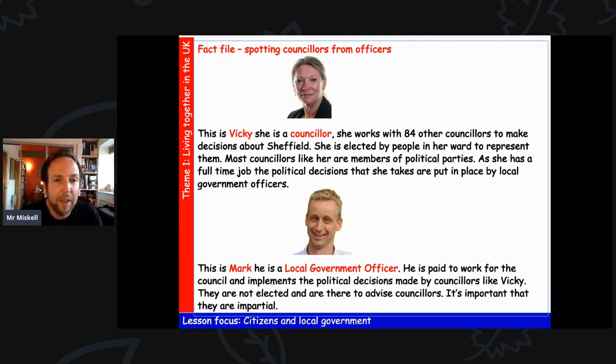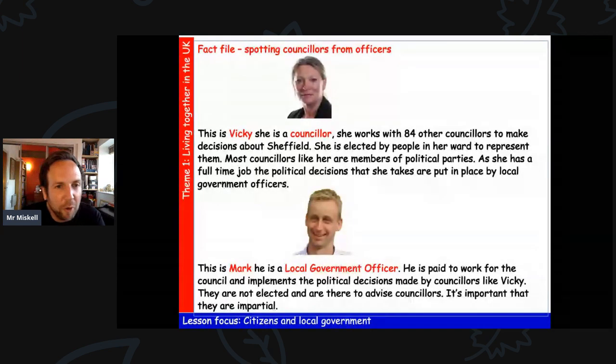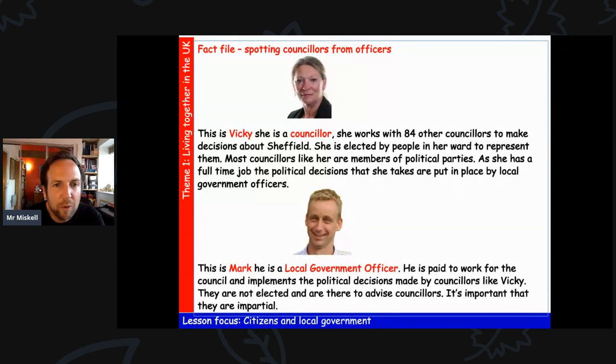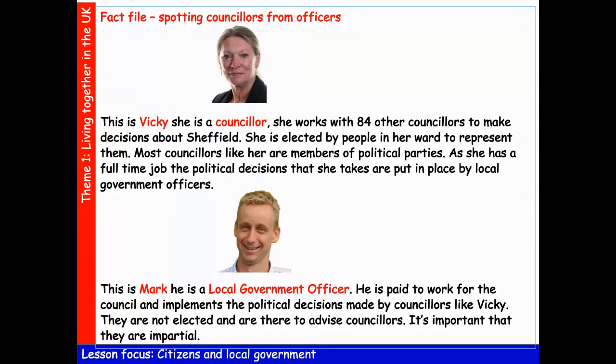The political decisions that she takes are put in place by local government officers. So Mark, the person who's underneath her, is a local government officer. And as a local government officer, Mark is paid to work for the council and implement the political decisions made by councillors like Vicky.